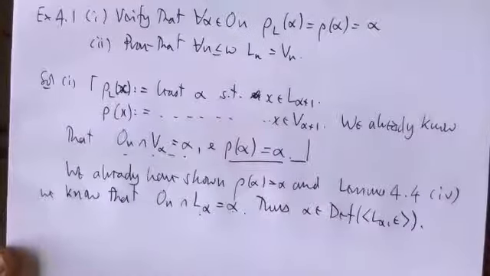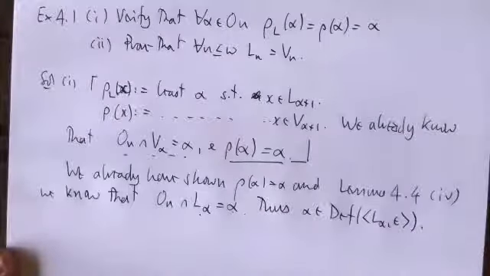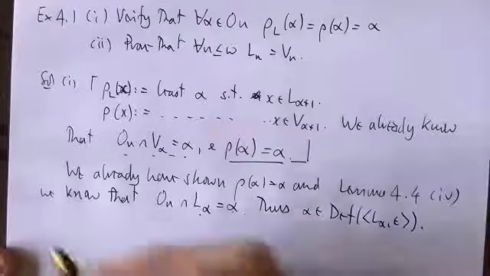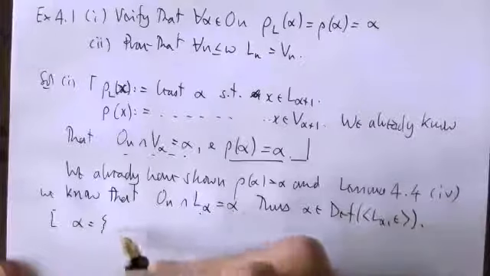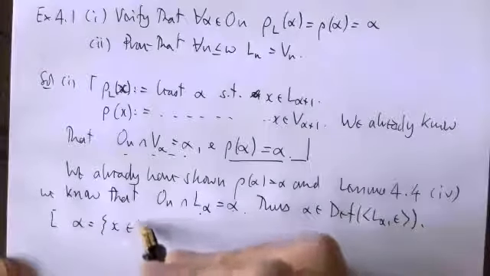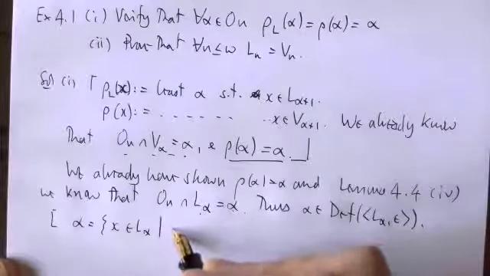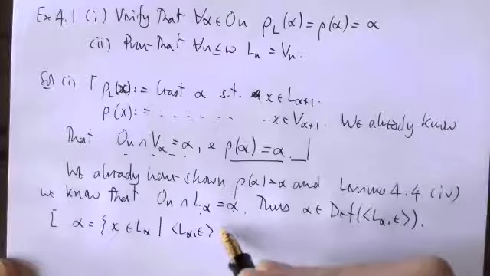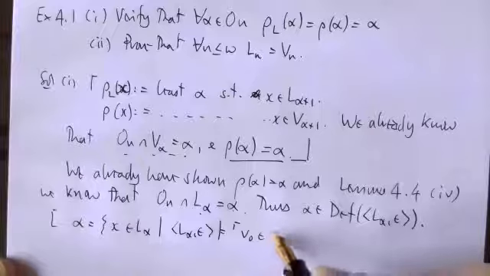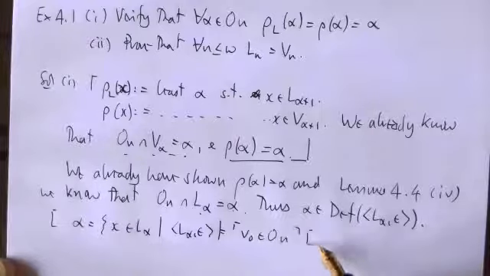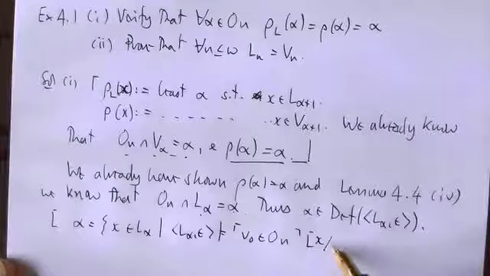And if you wanted to justify that, I don't think you have to do this as part of your answer, but if you wanted to justify that, you could say, what is alpha? It's a set of x's in L alpha such that L alpha thinks this is an ordinal when I substitute in x for V0.